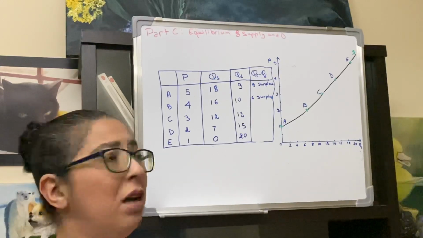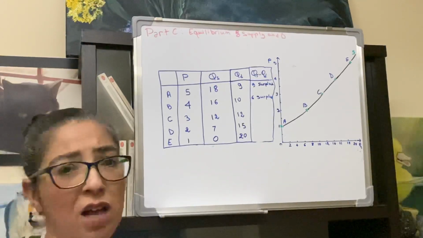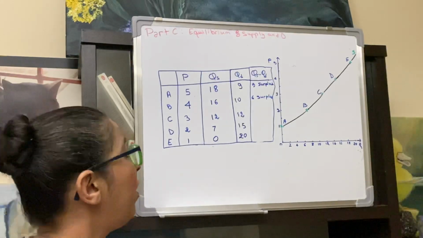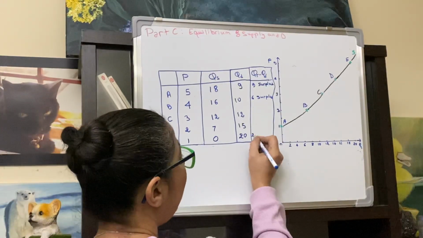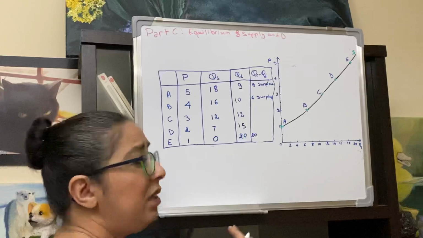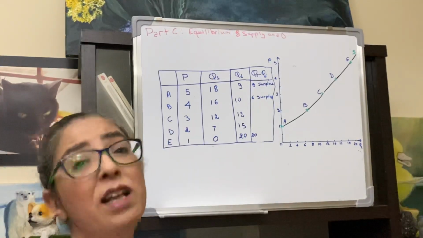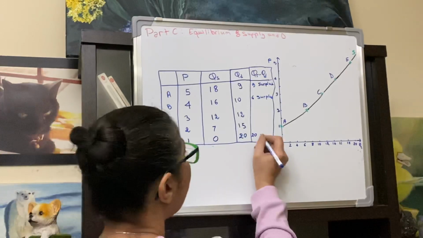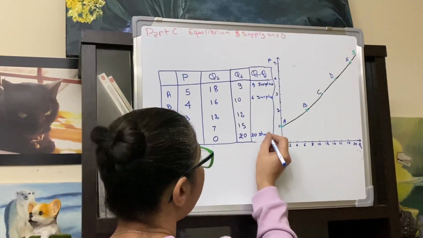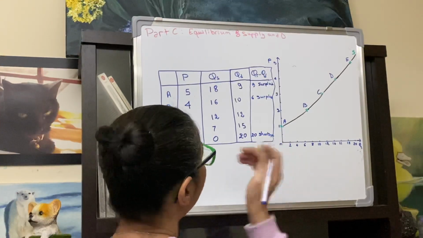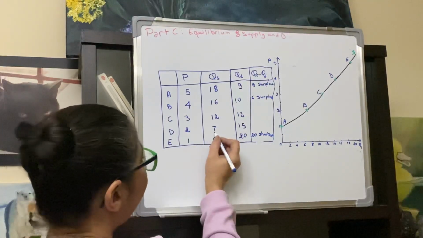They want to buy, but the supplier is not supplying. So what's happening? We have 20 units that are not there, that we are looking for. We want them, but they're not there. That's a shortage.